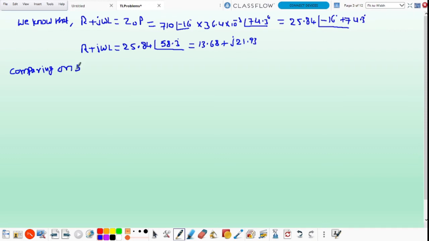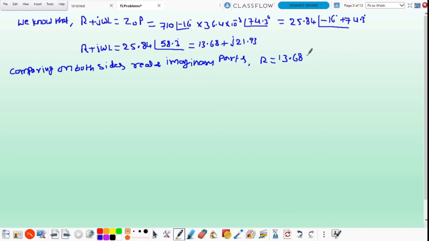Comparing on both sides real and imaginary parts, we get: on the LHS the real part is resistance R, and on the RHS the real part is 13.68.